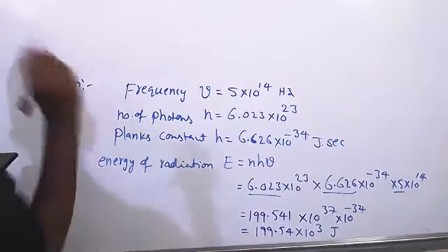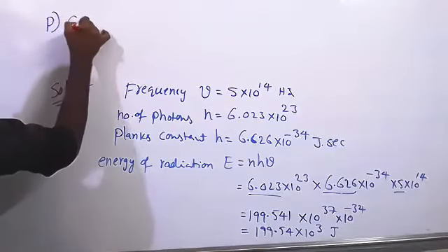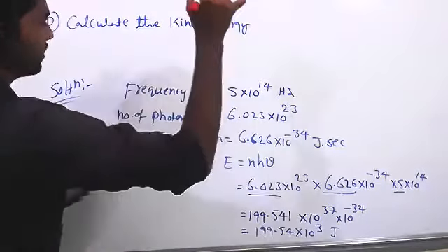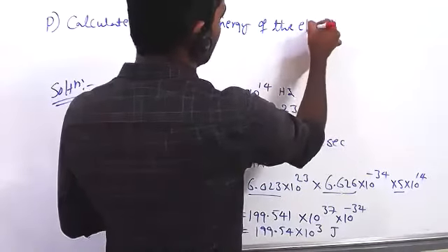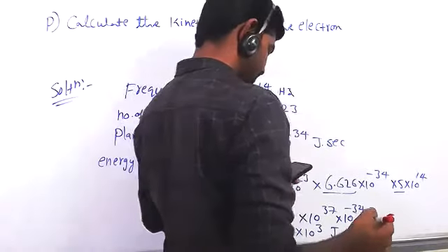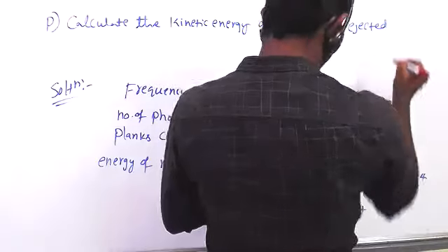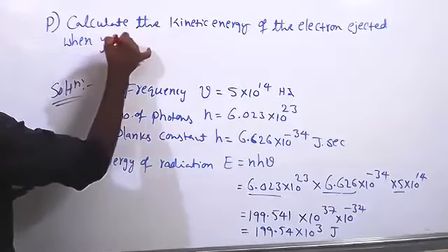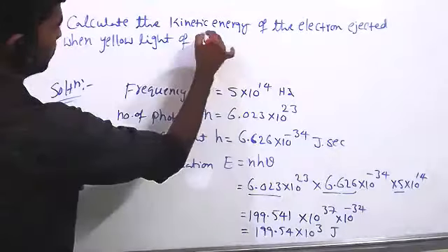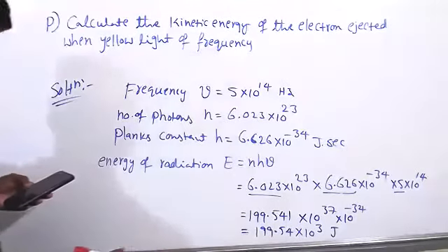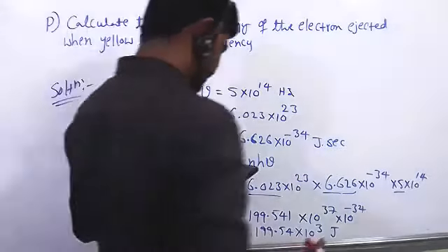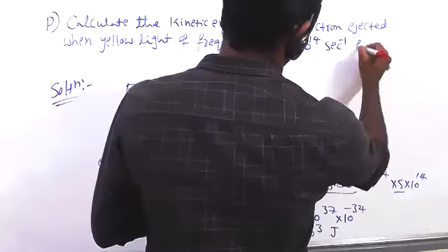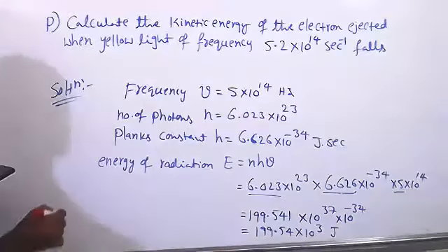Next question. Calculate the kinetic energy of the electron ejected when yellow light of frequency 5.2 into 10 power 14 second inverse falls on the surface of the potassium metal.